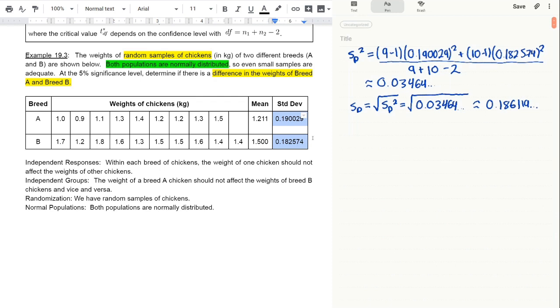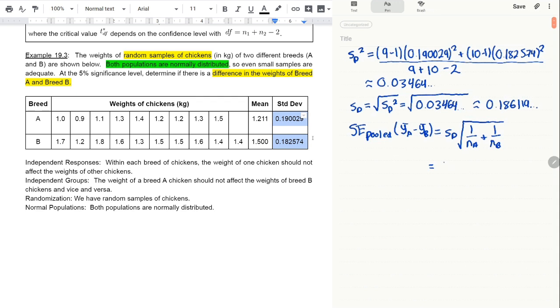Okay, so now we can use this to calculate the pooled standard error. This is the pooled standard deviation times the square root of 1 over N_A plus 1 over N_B.